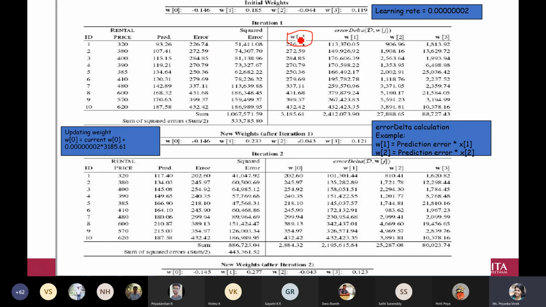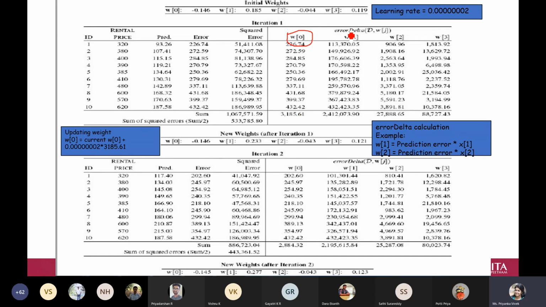So we can say this is error delta of D comma W0, error delta of D comma W1, error delta of D comma W2, and so on. And finally you sum. That is what is used for your final updation of weights.